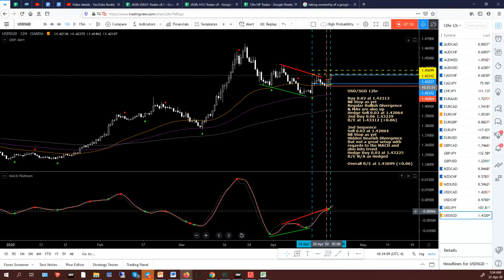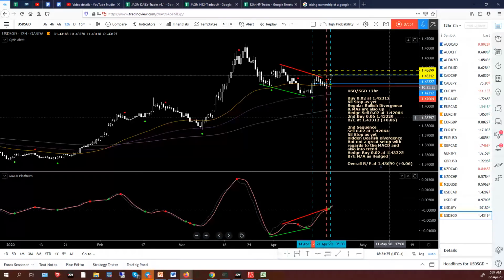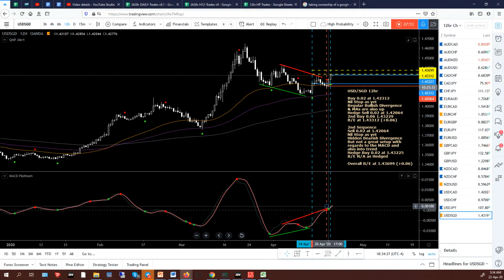So what I did was I took a hedge sell on this buy, and I started a second sequence with a new sell. And today I've got a buy signal, so it gives me a second buy on the first sequence, which is this one in here, second buy at 143.229. And it gives me a hedge buy on the second sequence at 143.225. So it's pretty close to the same price.